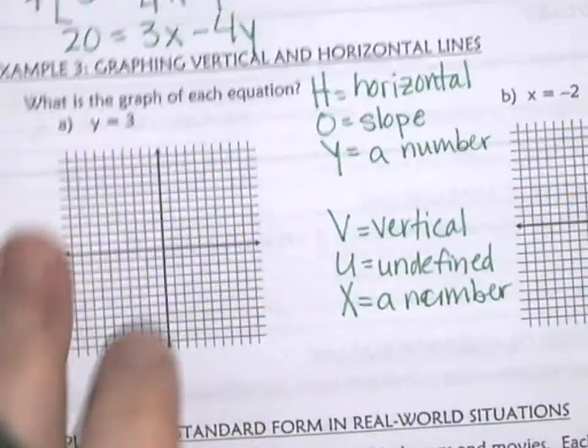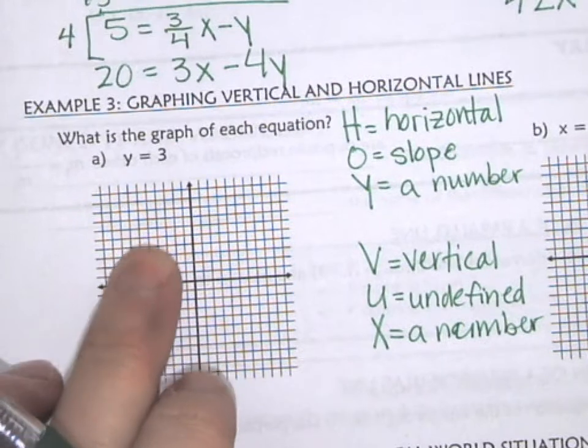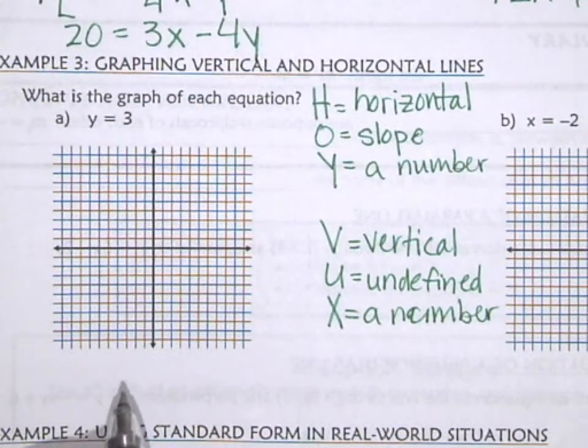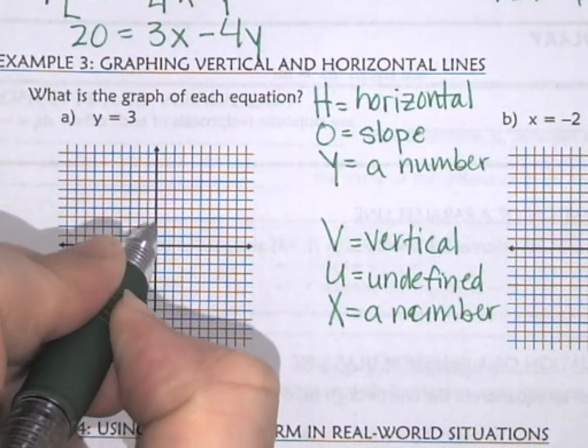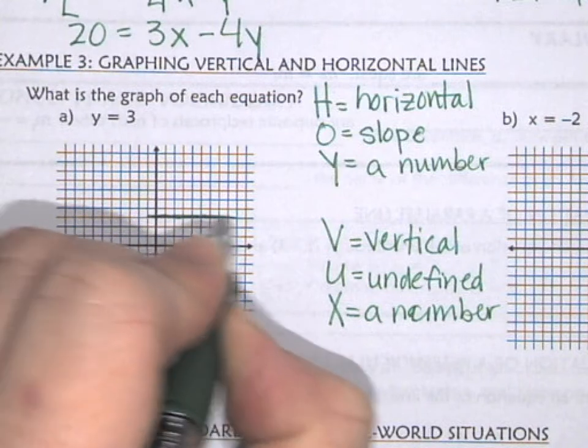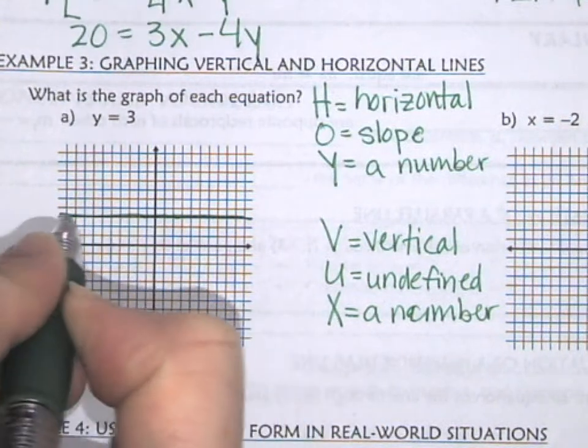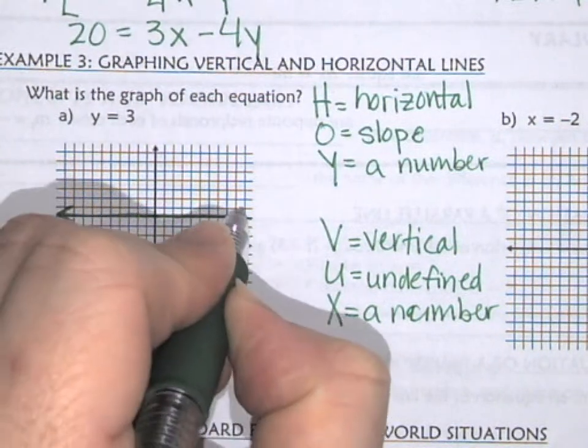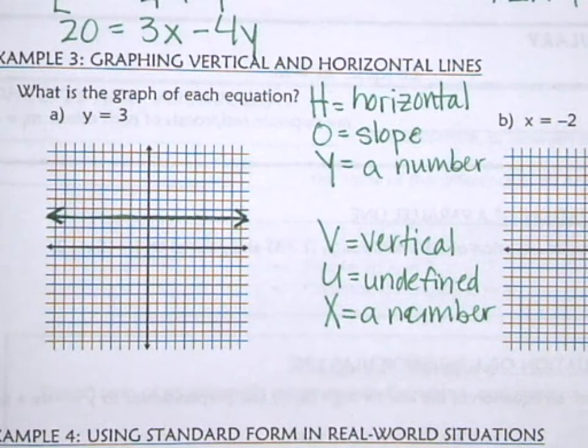So here, when I have y is equal to a number, I'm going to have a horizontal line at the value y equals 3. So I go to y equals 3, and then I have my line like this. My slope is 0, it's a horizontal line, y equals 3.